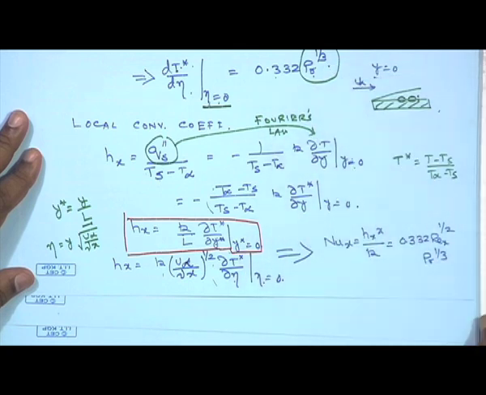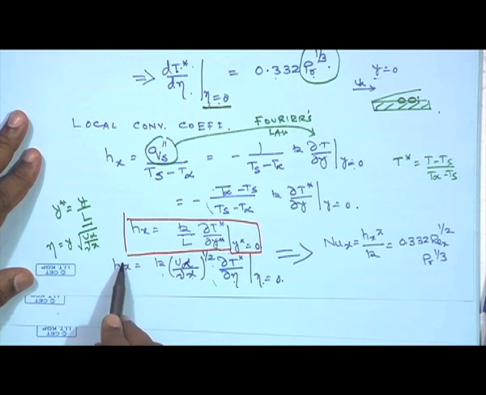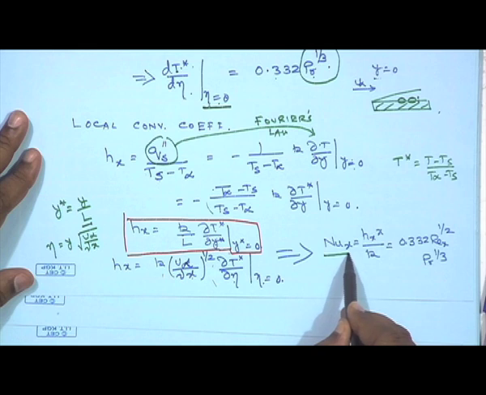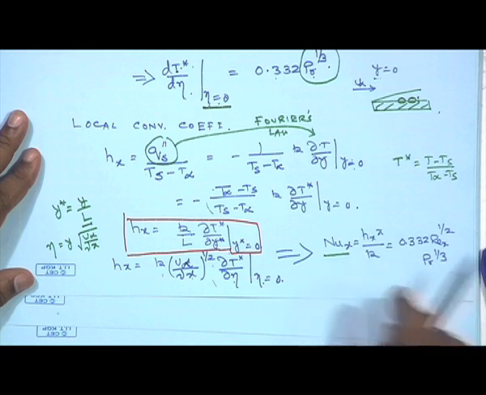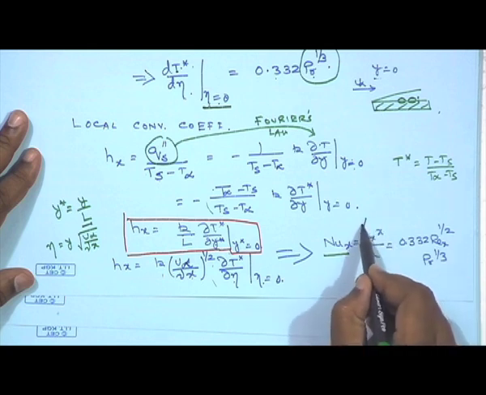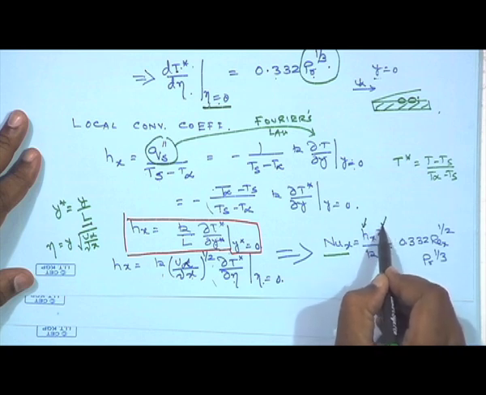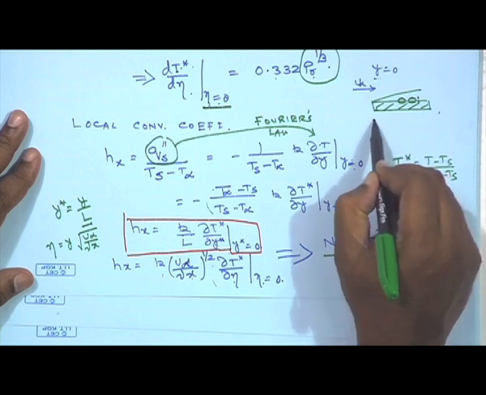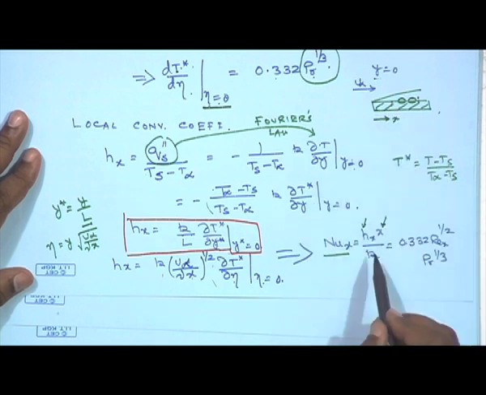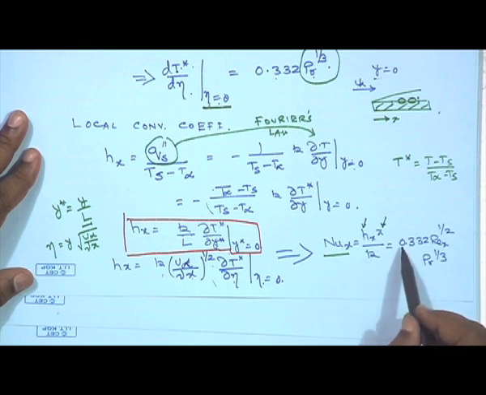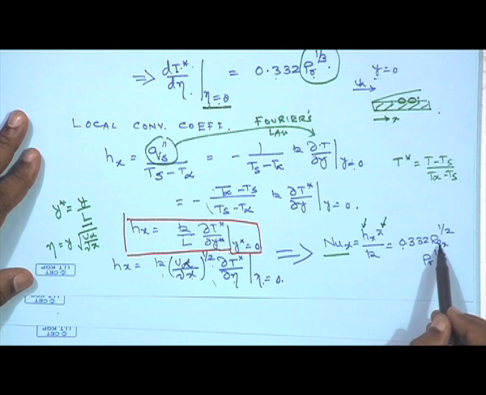from over here, and if I bring my x to the other side, the local value of Nusselt number, denoted by Nu suffix x, is the local value of the heat transfer coefficient Hx times the distance from the leading edge, which is my x, at any value of x, divided by thermal conductivity, equal to 0.332 Rex to the power half times Pr to the power 1/3.